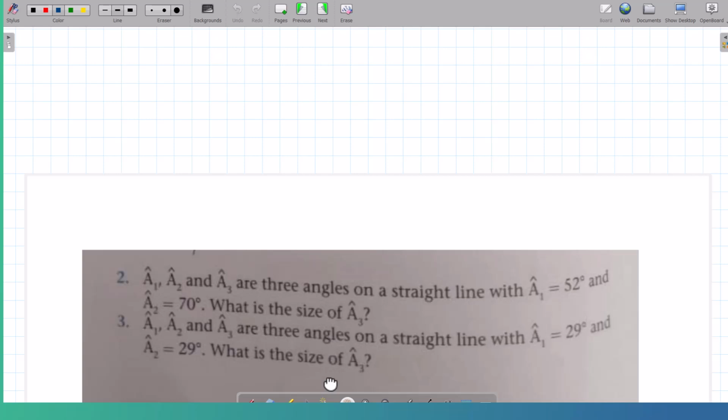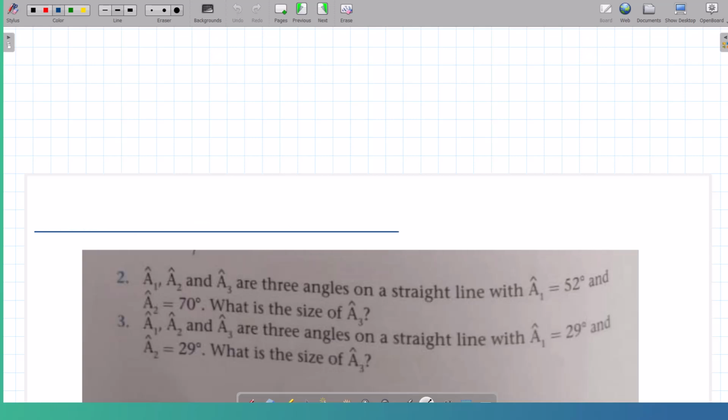Okay, so what we are gonna do, we are gonna draw the line first. Then we are gonna see these angles. They're saying that angle A1, angle A2, and angle A3, there are how many? There are three angles on a straight line. So what we do here, we draw our straight line first, from here up to here.